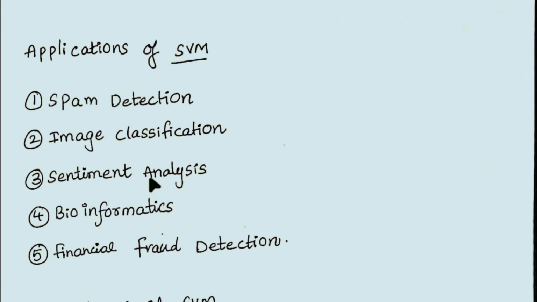This is called sentiment analysis, whether it is good or bad, any words we are going to classify. Bioinformatics. So what is the meaning of bioinformatics? You are going to analyze the data, patient information, patient health based on blood samples. Fifth one, financial fraud detection.